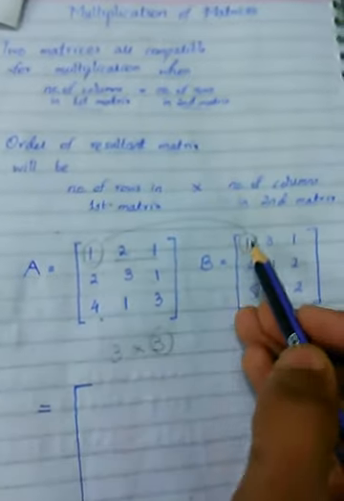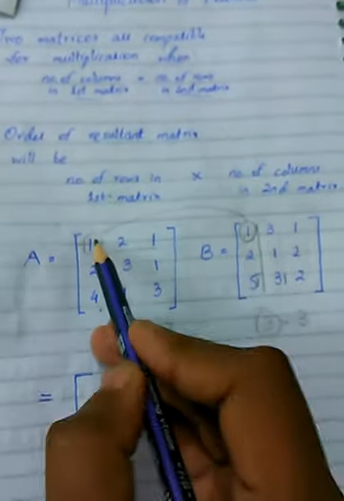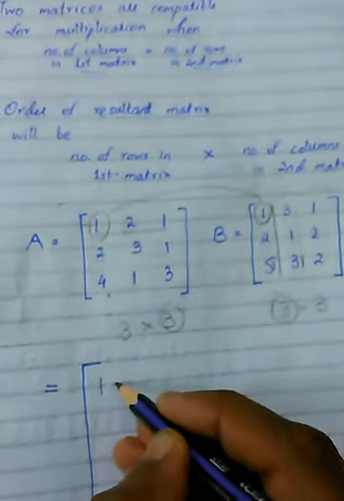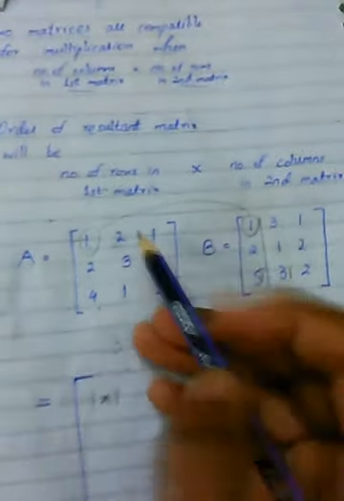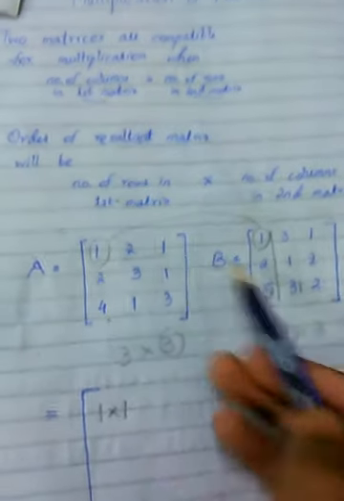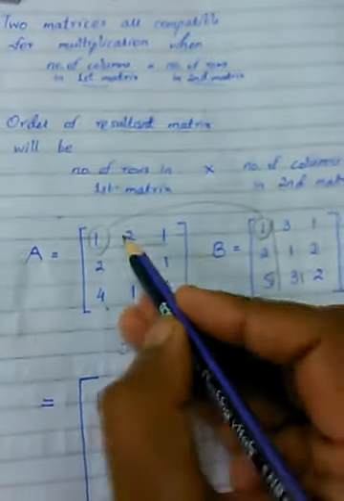First element is 1, first element is 1. So 1 will get multiplied by 1. Then the second element will get multiplied by the second element.